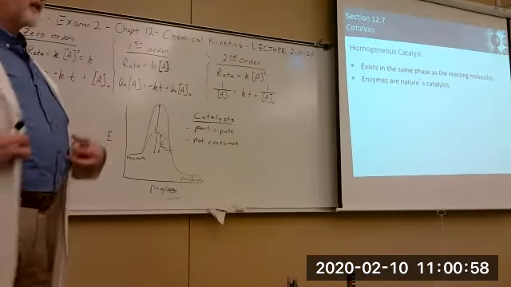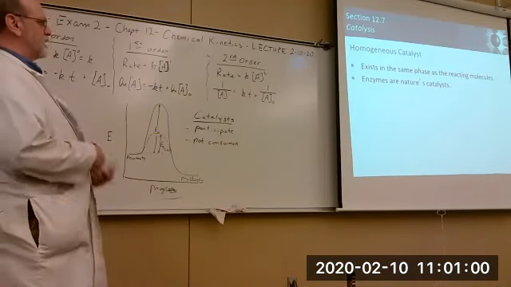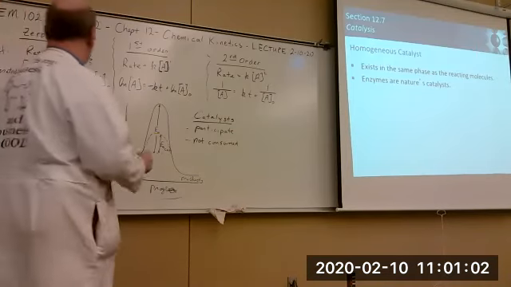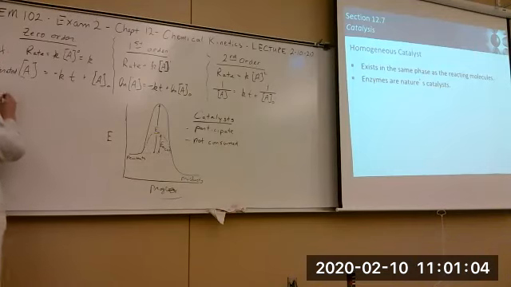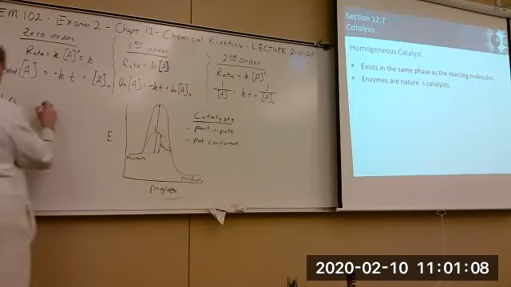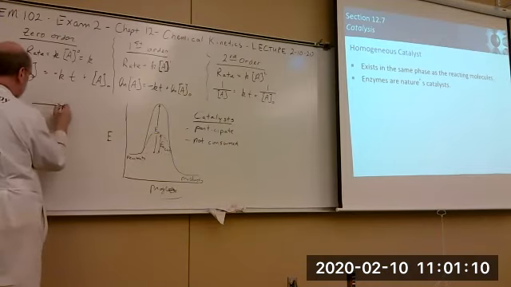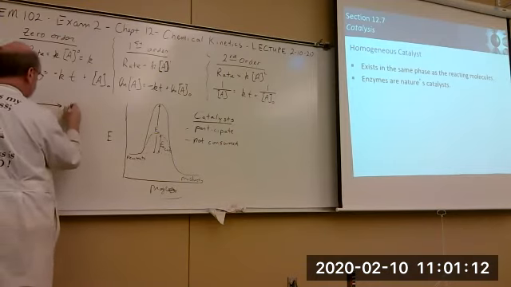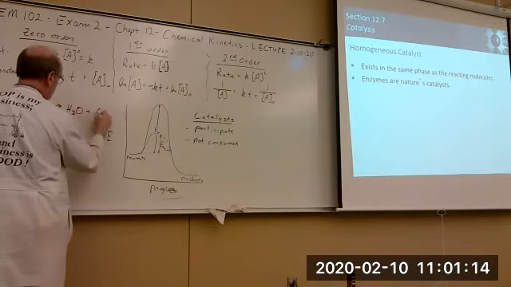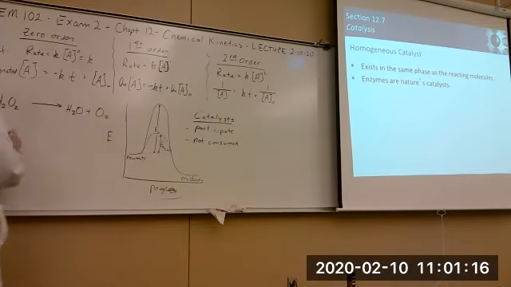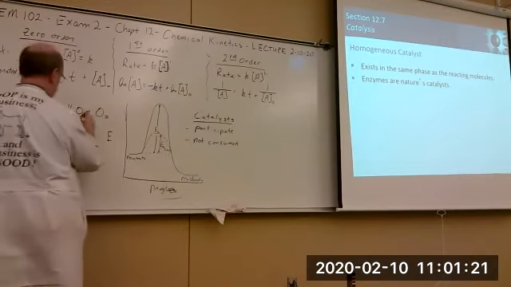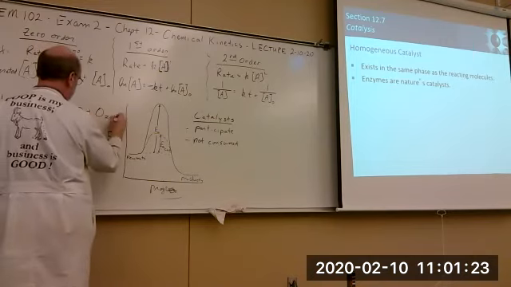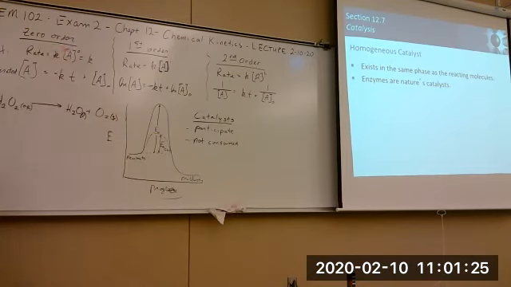So what would be like the same phase? How about hydrogen peroxide? It naturally decomposes over time into water and oxygen. So this would be an aqueous solution, and this would be a liquid, and this would be a gas. So that's the uncatalyzed reaction.